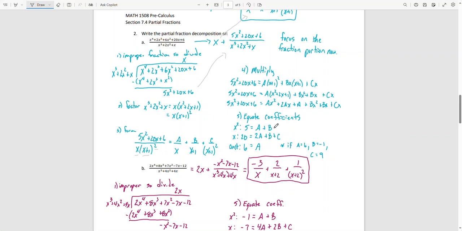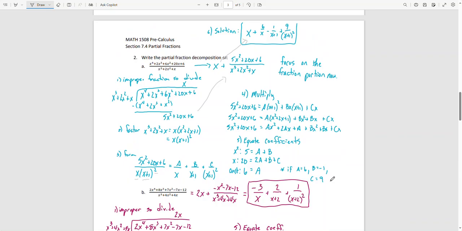If A equals 6, I can find B from 5 equals A plus B. 5 equals 6 plus B, so B must be -1. If A is 6, 2 times 6 is 12. Minus 1 is 11. 11 plus C equals 20, so C must be 9. Oh, I was trying to figure out how that answer rectified itself.